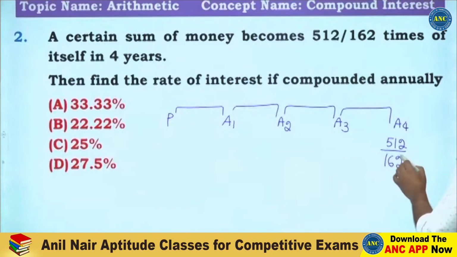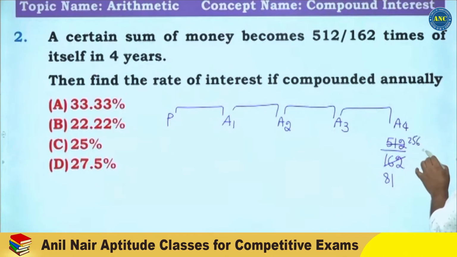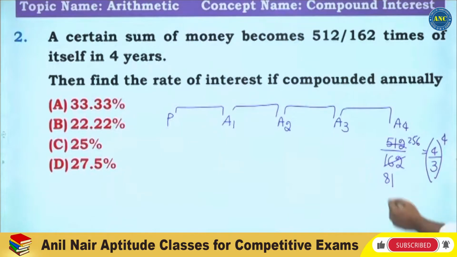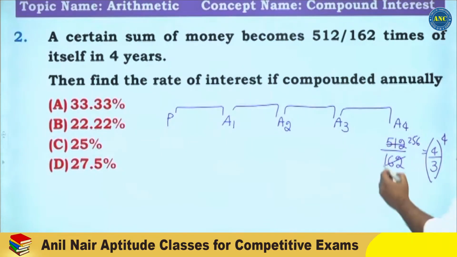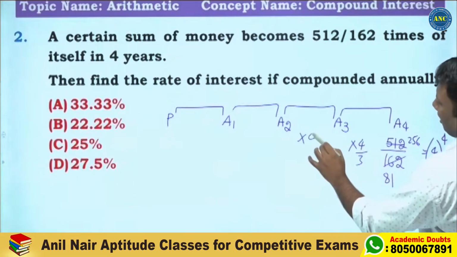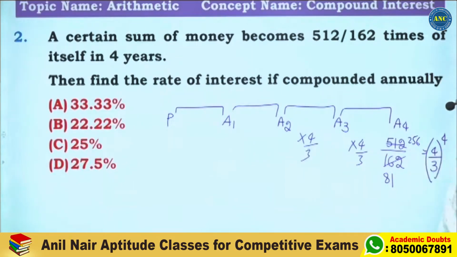Let us do it. 2 eights are 256 and 81s are 162, so it is 4 by 3 power 4. At the end of 4 years, it is 4 by 3 power 4. So it is into 4 by 3, into 4 by 3, into 4 by 3, and into 4 by 3. The multiplication factor remains the same.